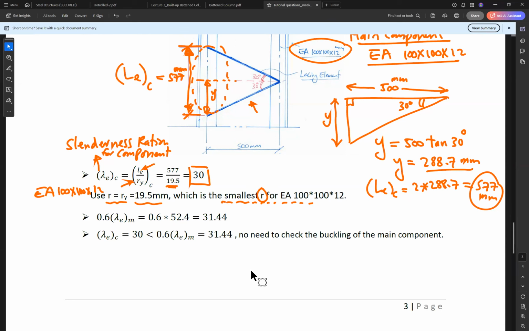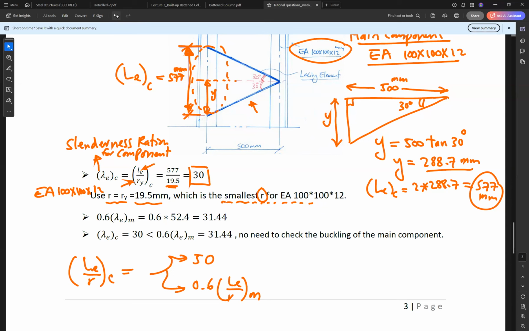So from the standard, lambda, or Le over r for the component C, should be less than two values, 50 and 0.6 times the slenderness ratio of the member.